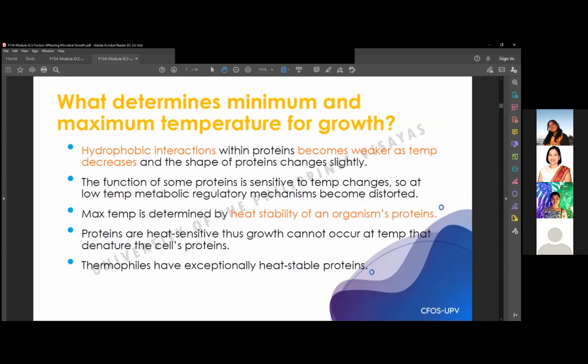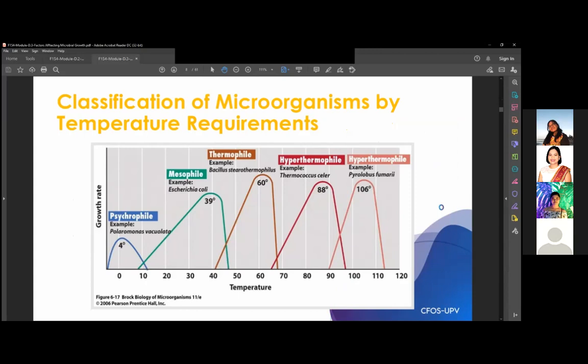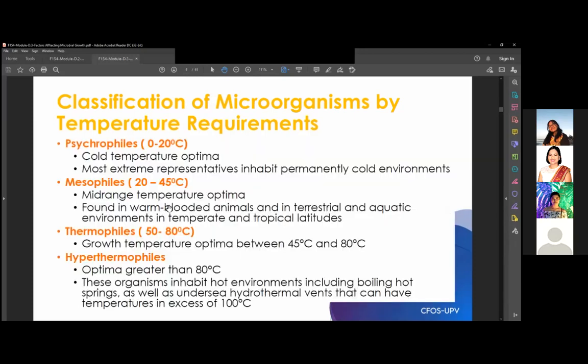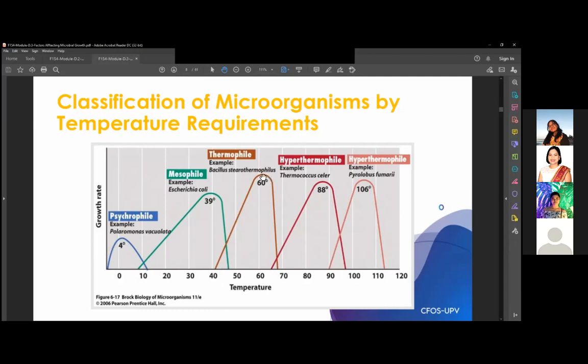Okay, next slide. So you have to familiarize yourselves with this one. Madaling i-memorize itong mga slide na ito. Yung graph, we have the psychrophiles, yung mga microorganisms that grow near 0 degrees Celsius, yung mesophiles, yan yung mga that grow at ambient temperature.